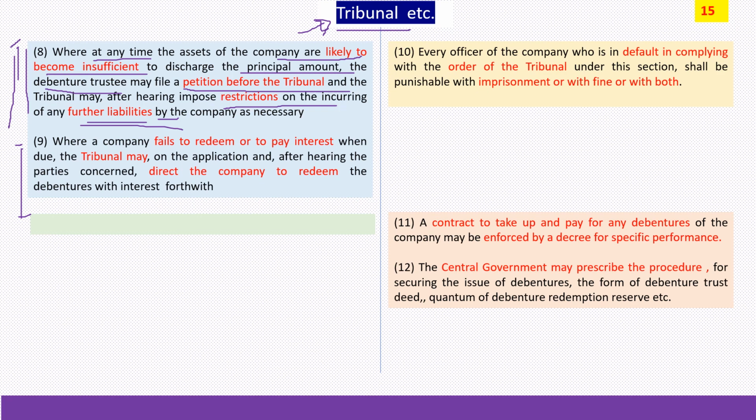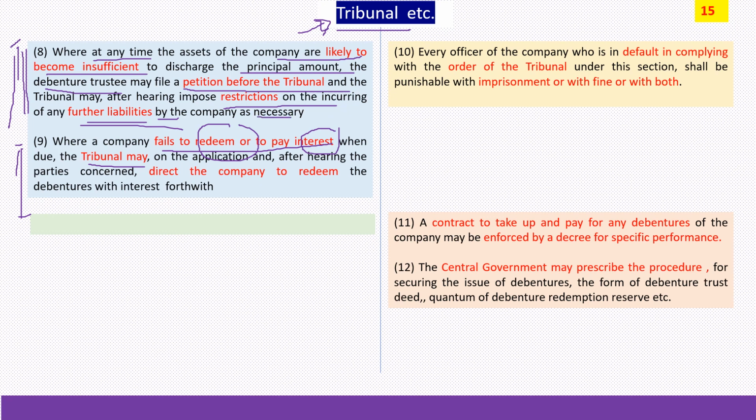This is in anticipation of a problem, provided he is convinced that there is a risk to the interest of debenture holders. Second, when there is a failure. On the occurrence of a failure, either to redeem or to pay interest, the debenture trustee can immediately approach the tribunal, and in both cases the tribunal will always hear both the parties and give a decision.